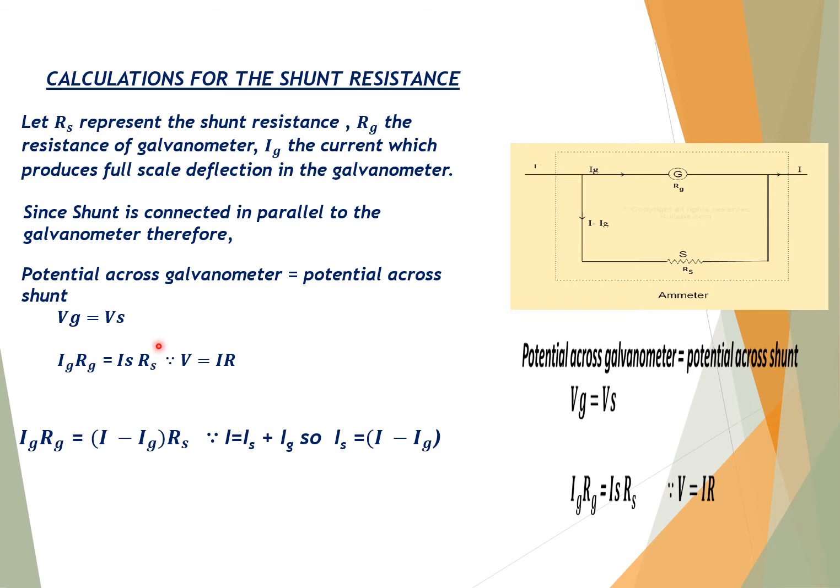As we know, Is, the current passing through the shunt resistance, is I minus Ig. Putting Is equal to I minus Ig, we get IgRg is equal to (I minus Ig) into Rs. So we get the shunt resistance Rs is equal to IgRg divided by (I minus Ig).